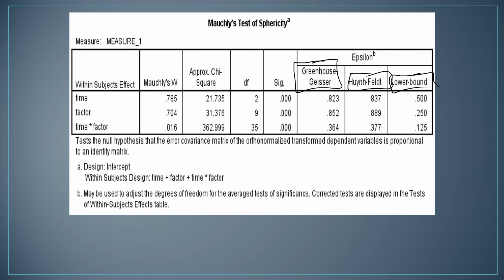And again, because this is an assumption, you want this to not be statistically significant. So you want this value to be greater than 0.05, because then that lets you know that there is equality across these groups.